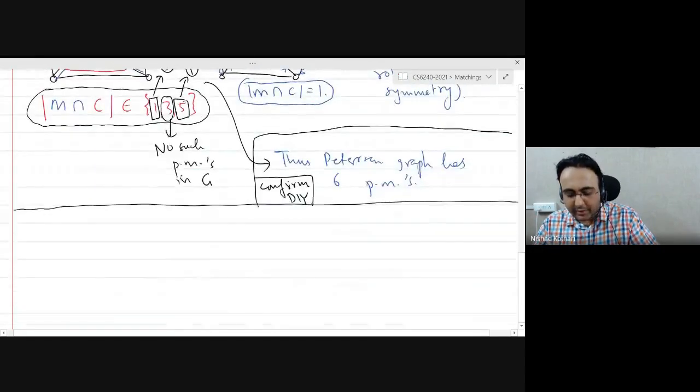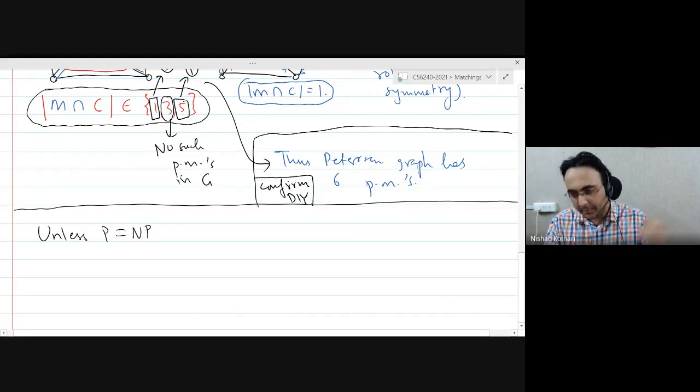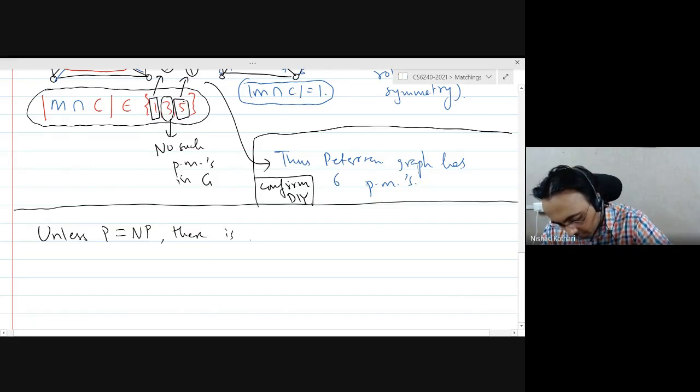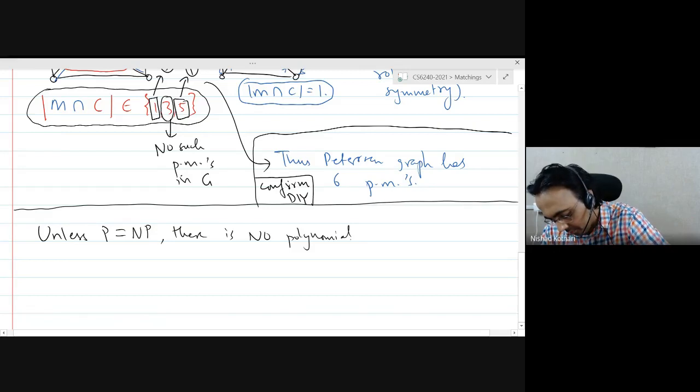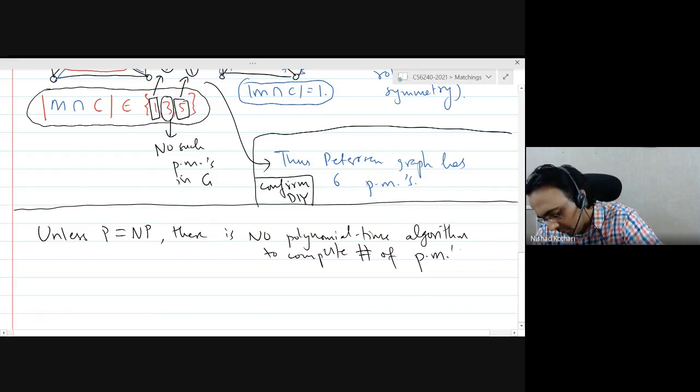What about counting the number of perfect matchings? So since you have already asked me, let me tell you, unless P is equal to NP, which people believe is not true, there is no polynomial time, or if you like, efficient algorithm to compute the number of perfect matchings in a graph.